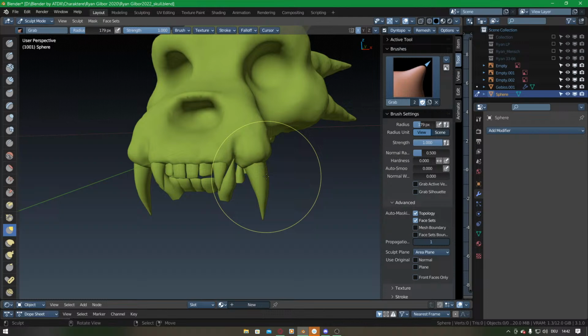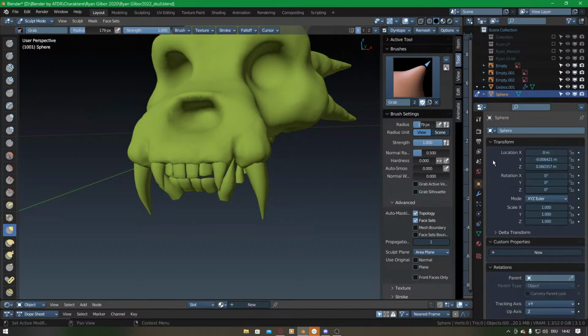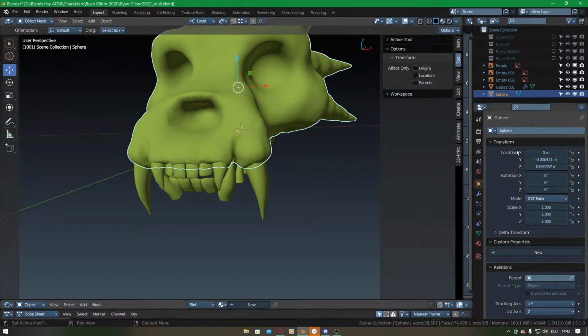Now comes the jaw. Yay. I need to name it first. Currently it is named Sphere. Dragon Skull.